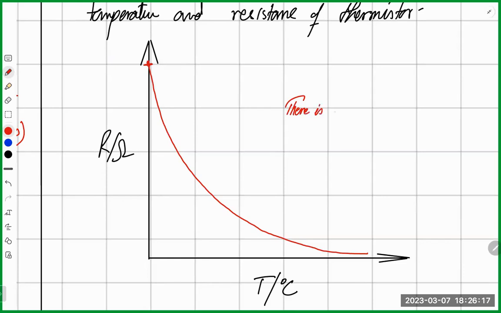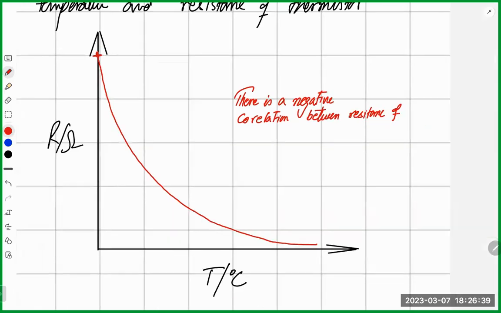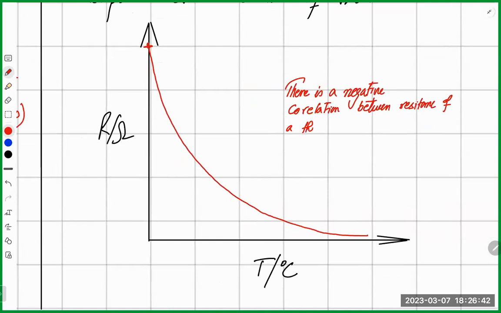There is a negative correlation between resistance of a thermistor and temperature in degrees Celsius.